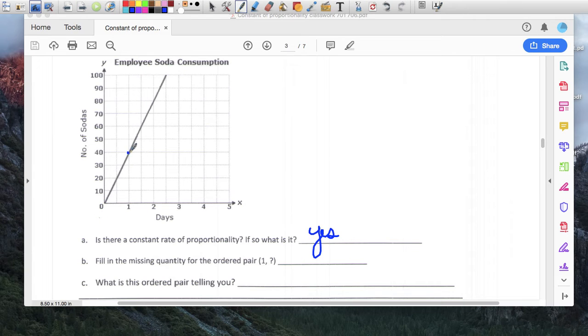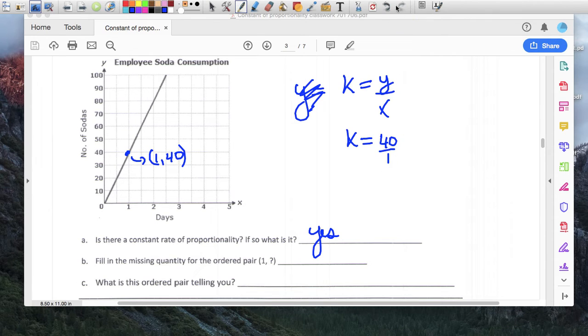I'm going to pick this point. This one works. X is 1, y is 40. So I can use that. You can obviously already tell that's going to be 40, but it's y over x, which is 40 over 1, which is 40.